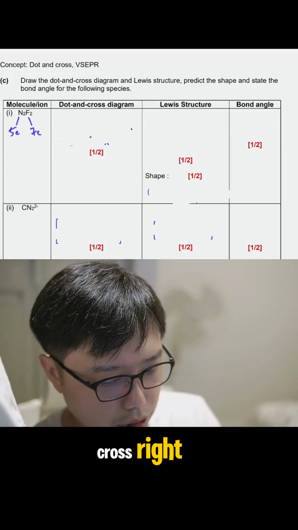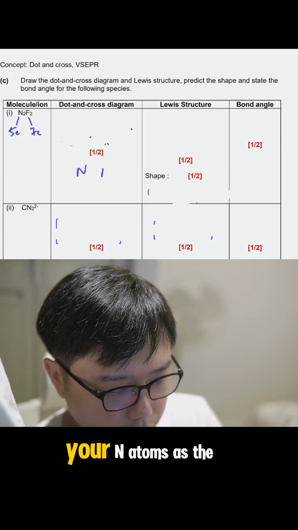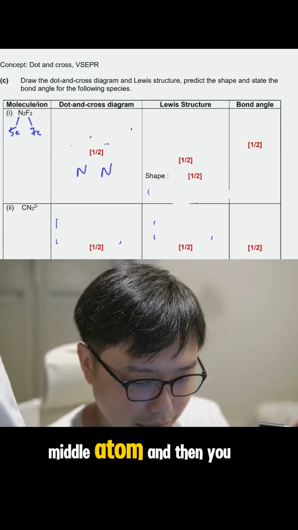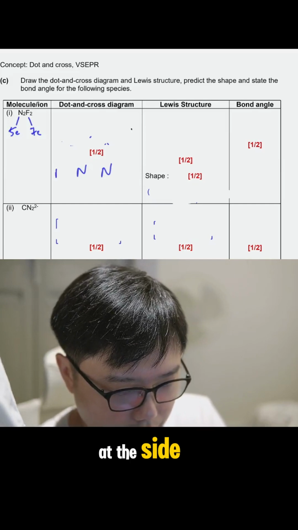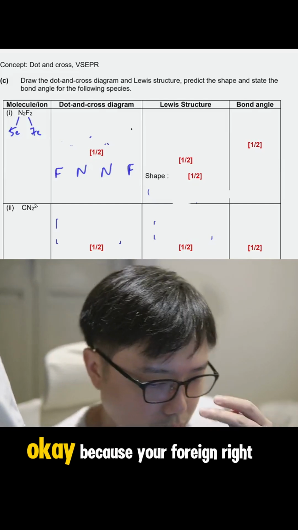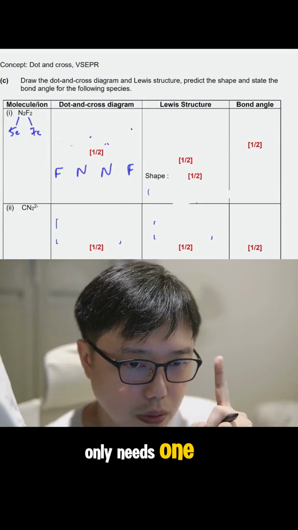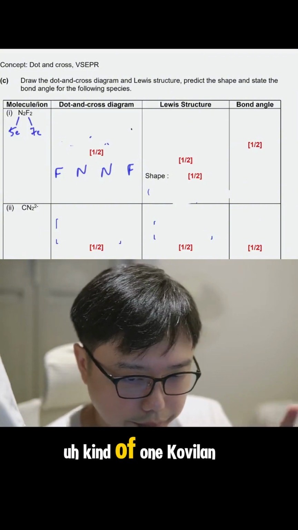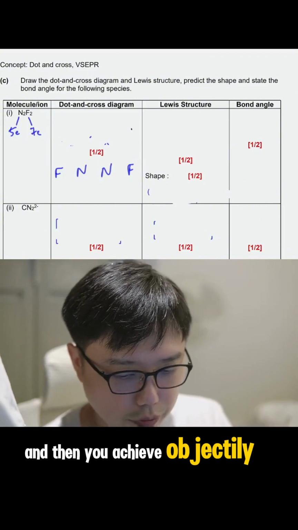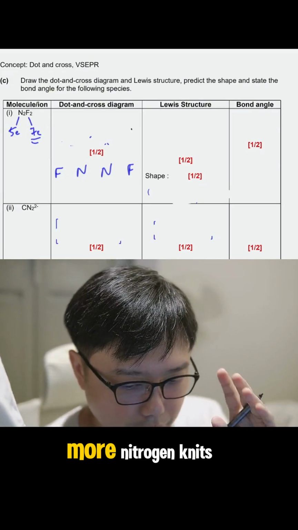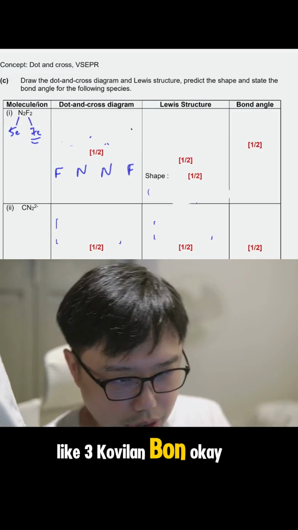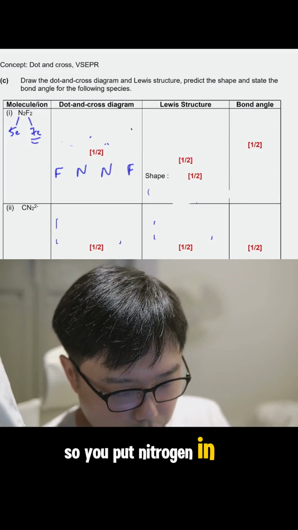So for your dot and cross, you want to put your N atoms as the middle atoms, and then you have 2 fluorine at the side, because your fluorine only needs one covalent bond to achieve octet, since it started off with 7. You just need one more. Nitrogen needs 3 covalent bonds. So we'll put nitrogen in the middle.